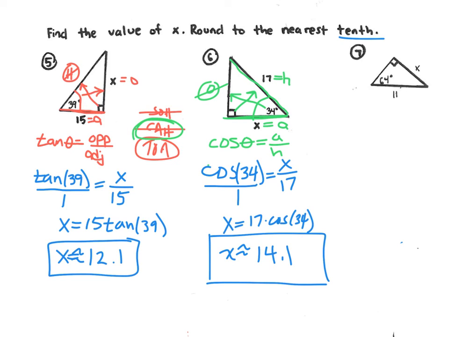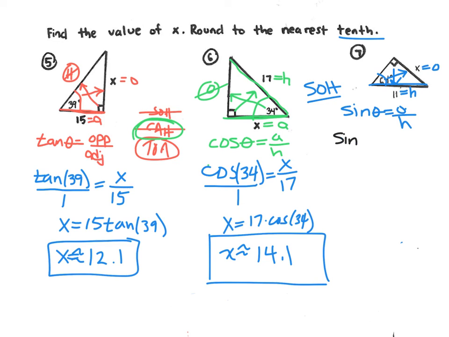Let's take a look. 64 degrees is given. Across from that is x, O for opposite. And then we're given this 11, which is across from the 90. That's our hypotenuse. So OH, that's going to be SO from SOHCAHTOA. Sine theta equals opposite over hypotenuse.